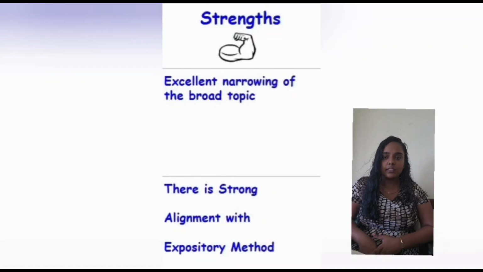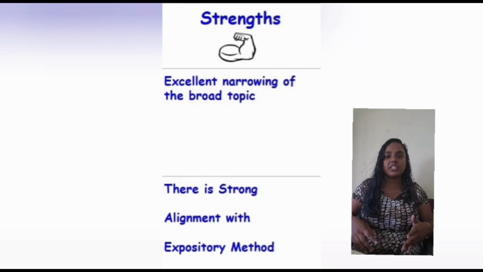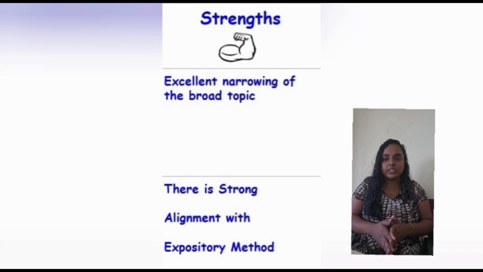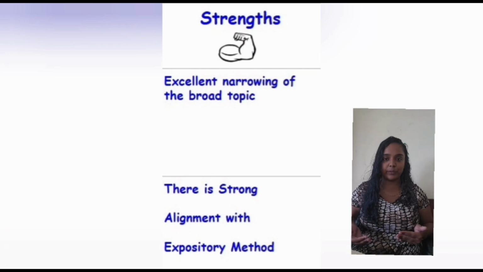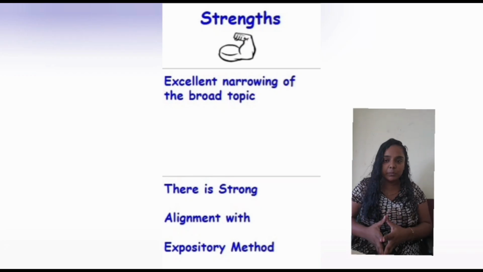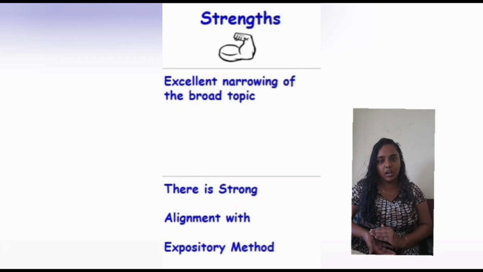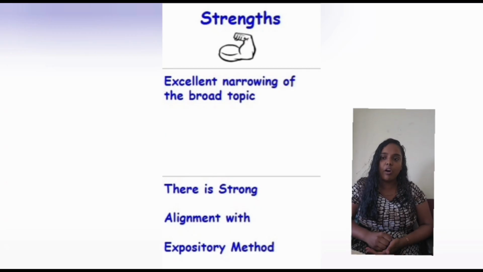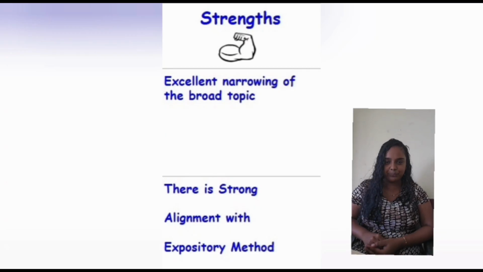Let us now examine some of the strengths and weaknesses that were observed in the topic-to-sentence outline, as well as some of the recommendations to strengthen on these weaknesses. Firstly, the outline demonstrates excellent narrowing of the broad topic, which is the impact of visa restrictions in a selected territory. It is effectively narrowed to a more manageable and geographically focused topic, which is now the impact of visa restrictions in Africa.